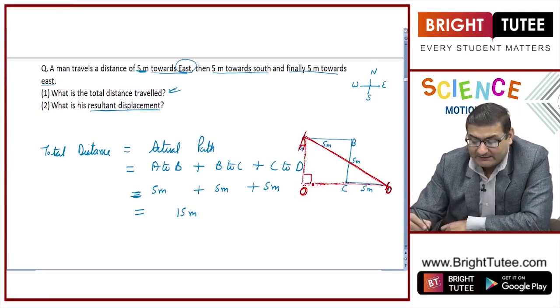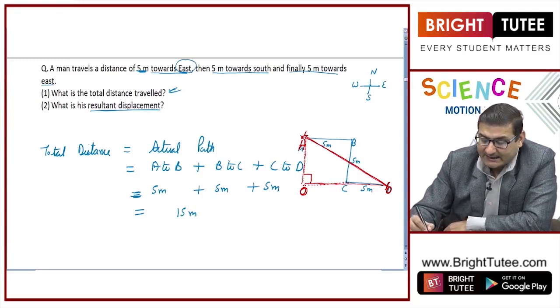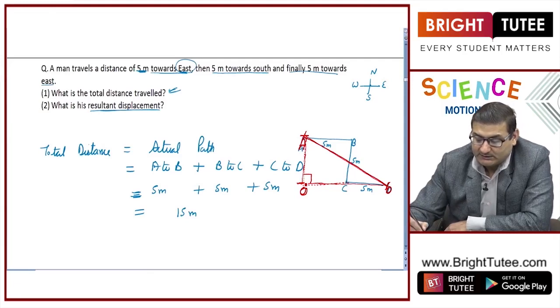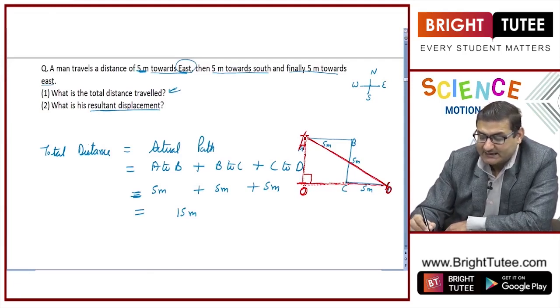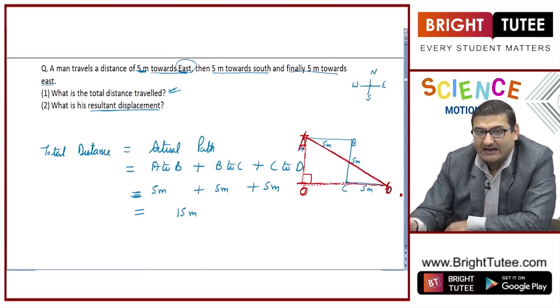Fine. Now in this right angle triangle, this AO will be the perpendicular, this OD is the base, and this AD is the hypotenuse, right?